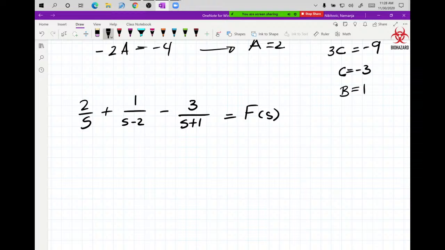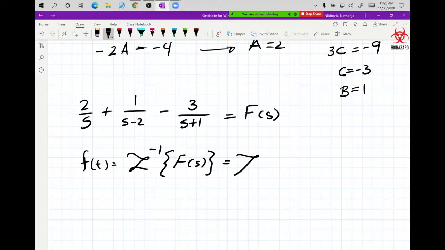Now our job is to do the inverse Laplace, because f of t is the inverse Laplace of F of s, which means we have to do inverse Laplace of 2 over s plus 1 over s minus 2 minus 3 over s plus 1.